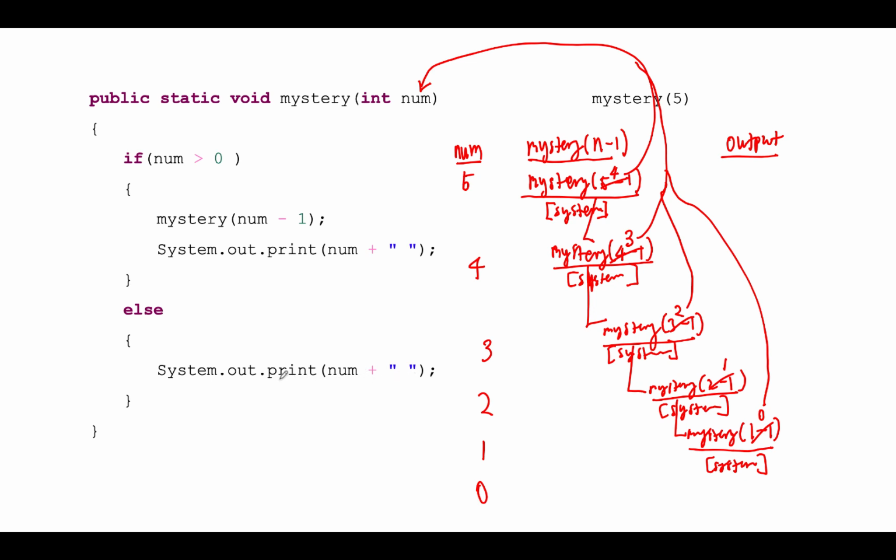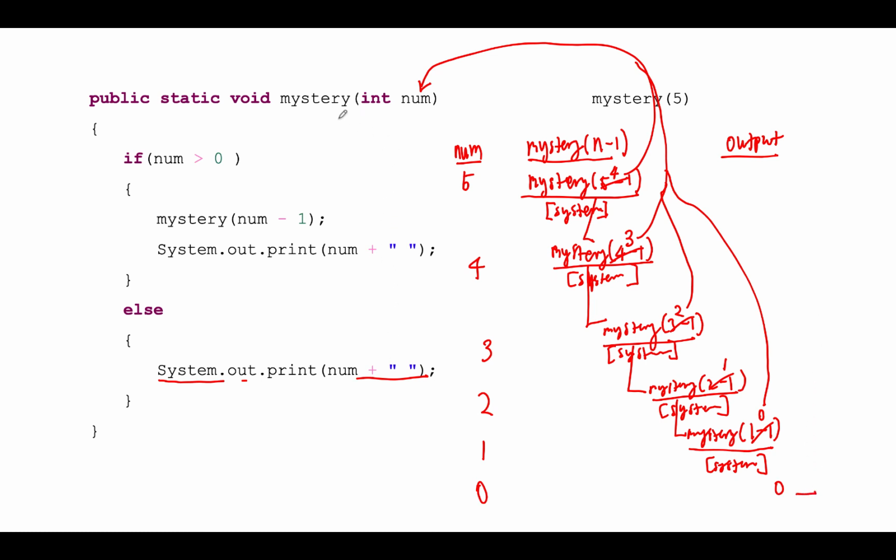Note that this is print, not println. So the next print statement is not going to print on a different line, but all in the same line. Now that our num value is 0, we can execute this line here, and our output is going to be 0 and a space.